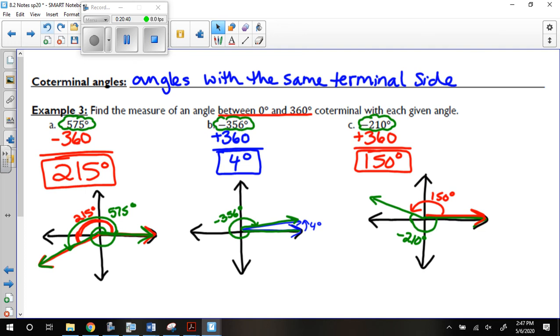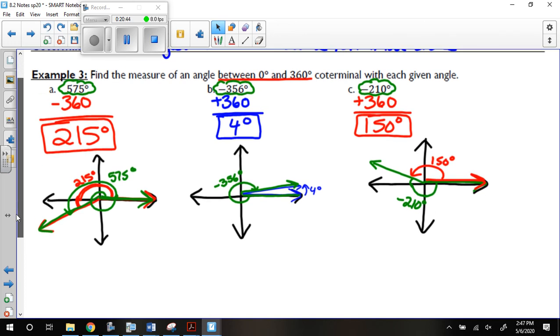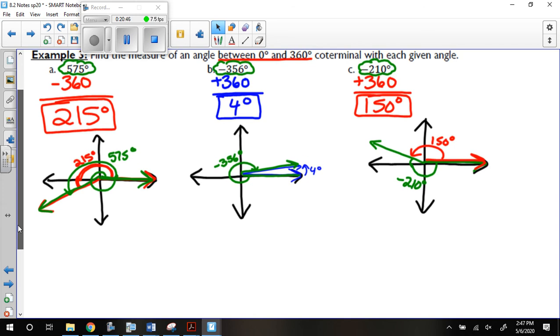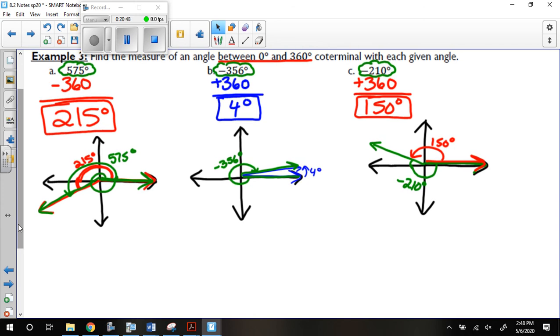Now, you could have an angle measure that is so large that you have to either add 360 a couple times or subtract 360 a couple times. For instance, here I'll just throw another quick example at you.